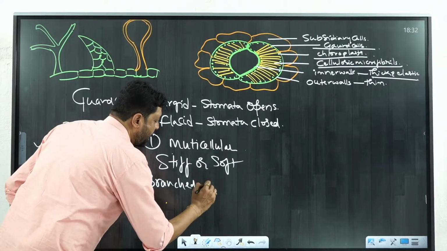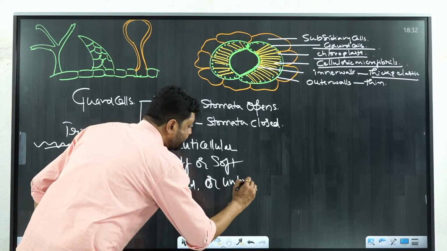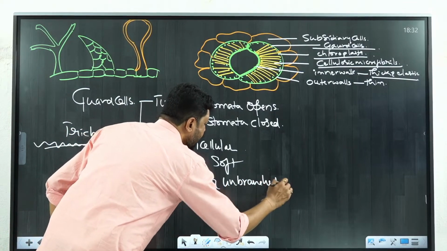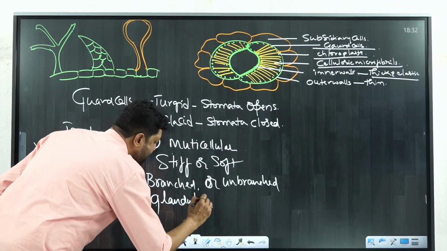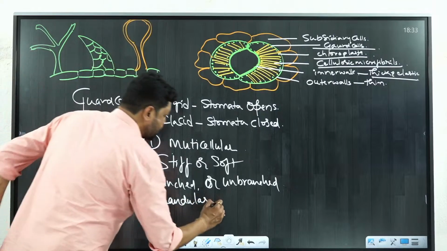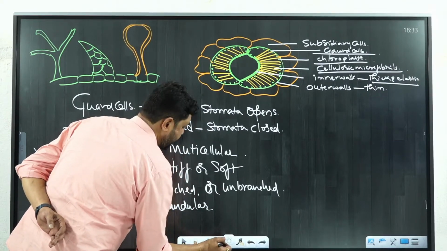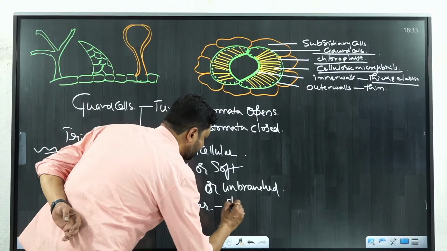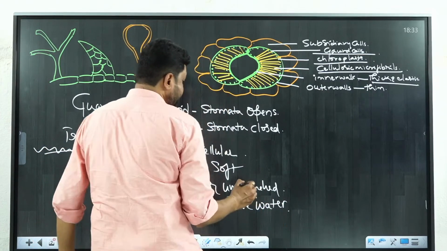Sometimes branched or unbranched. They may be glandular. Another thing we can remember is they store water and maintain moisture.